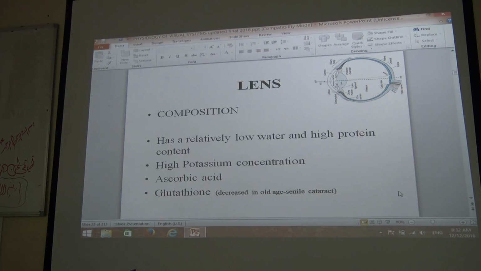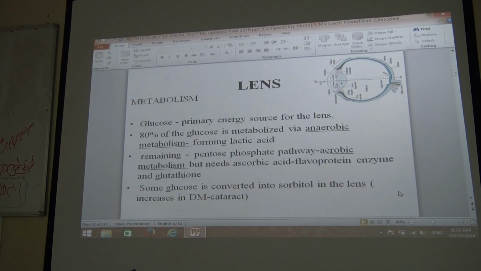If there is aerobic glycolysis inside the center of the lens, there will be release of free radicals, and these free radicals can damage the lens and cause opacification. So the metabolism is mainly anaerobic glycolysis; glutathione and ascorbic acid, as antioxidants, remove free radicals and limit the aerobic glycolysis to the outer surface of the lens.